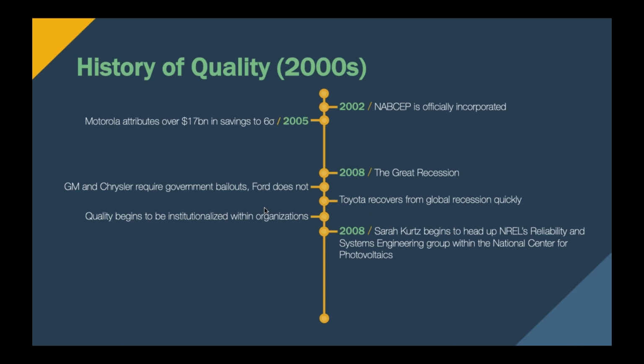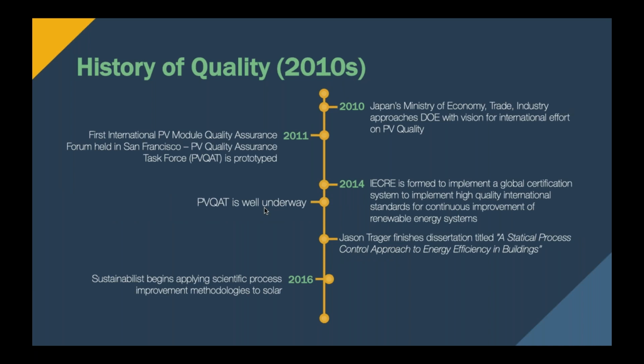And in 2008, NREL, the National Renewable Energy Laboratory Reliability and Systems Engineering Group, begins looking at solar quality, which has been a real focus over the past 10 years. In 2010, Japan and NREL established a partnership to look at this solar quality task force called PV-QAT. And in 2014, a European standard was formed, IECRE, to implement a global certification system for high quality standards in solar.